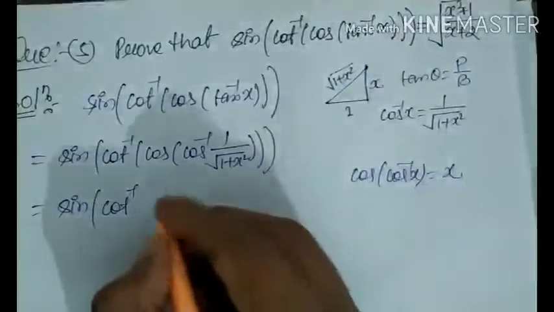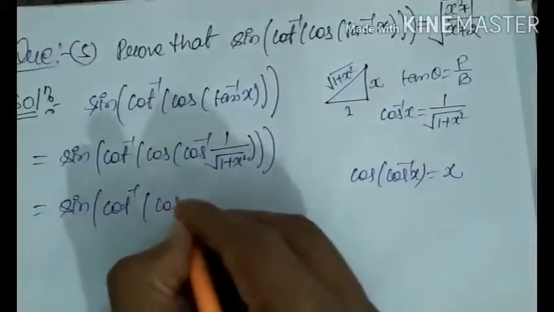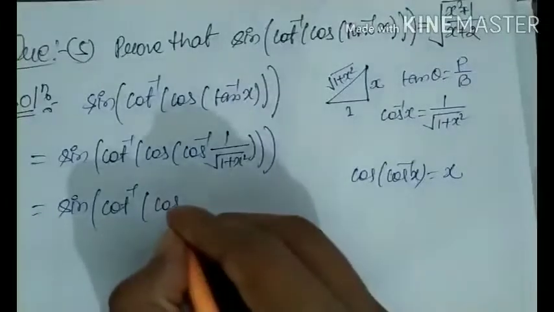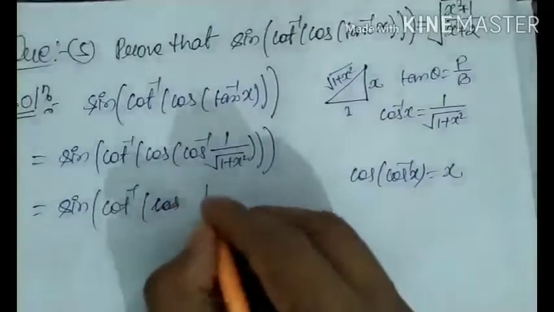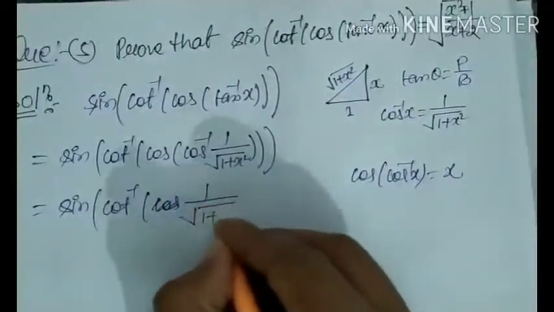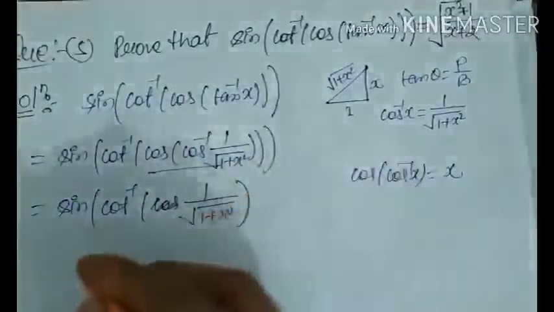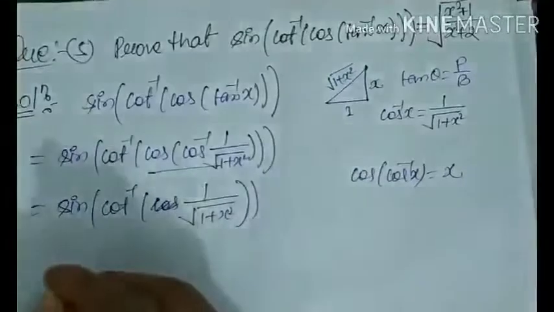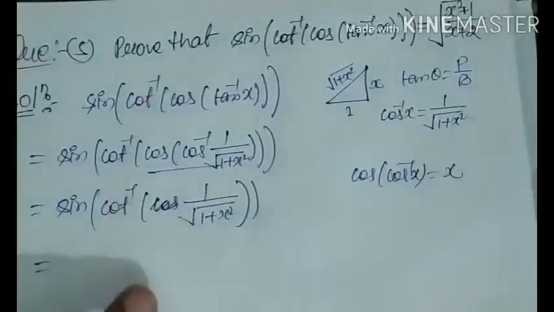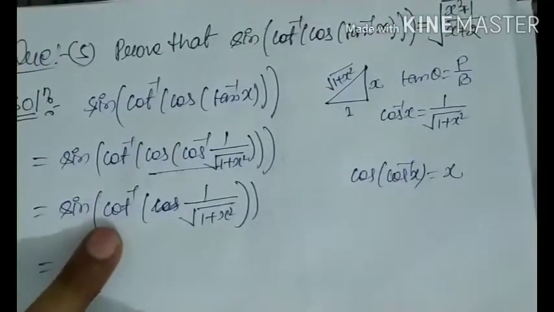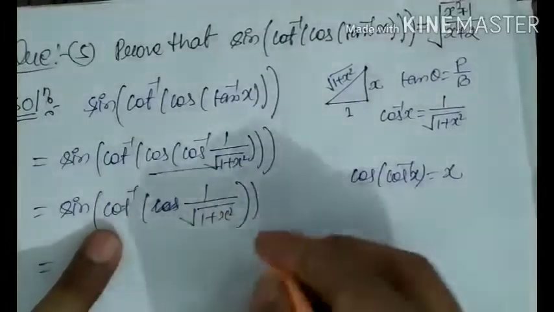Then it will be 1 upon under root 1 plus x square at the place of this. Here I'm going to make another triangle for cot inverse something.